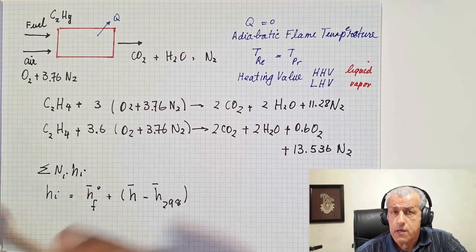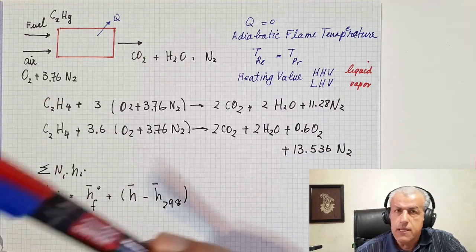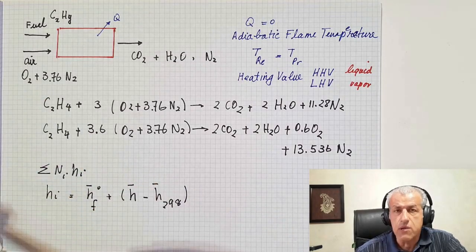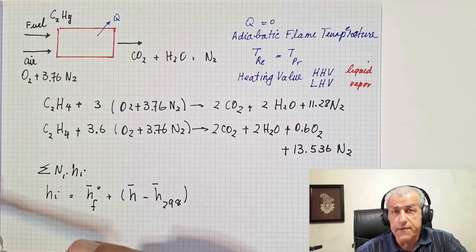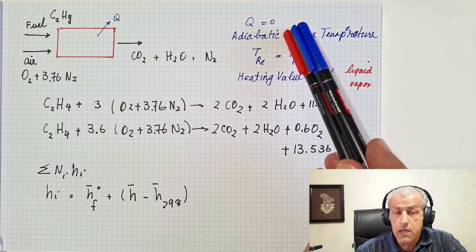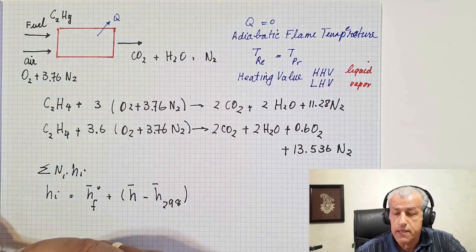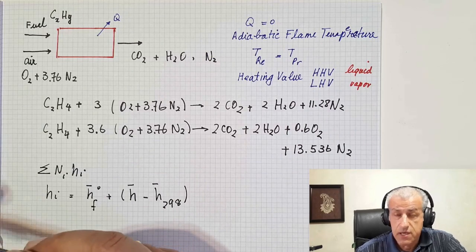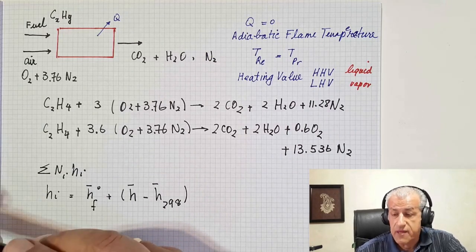from the combustion. So these are the two limiting points that we have for the heat that could be collected from the combustion. One is when heat is zero, and therefore the products would have maximum temperature. That's what we call adiabatic flame temperature.